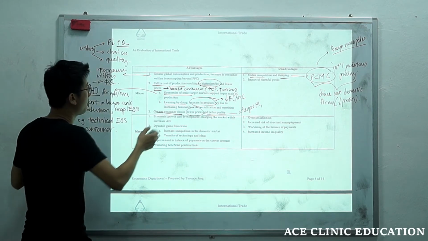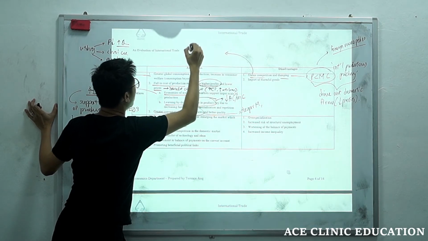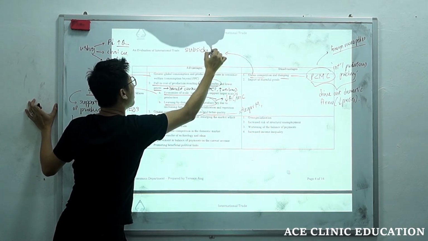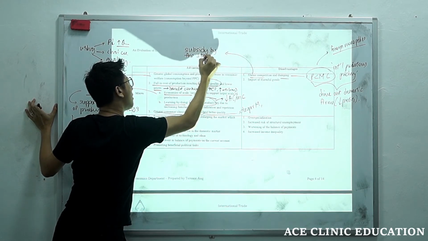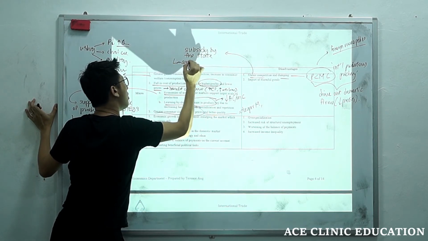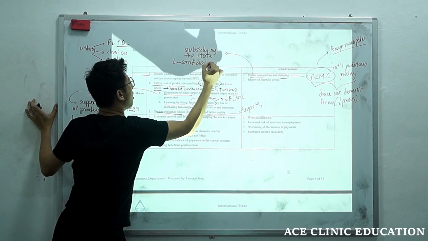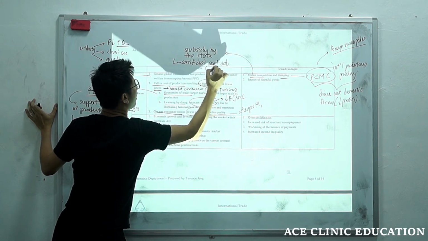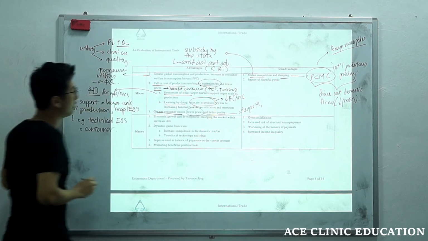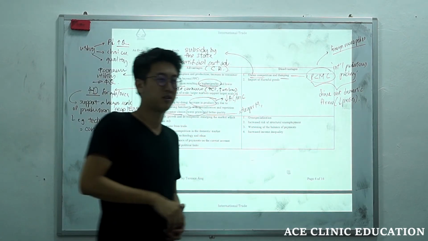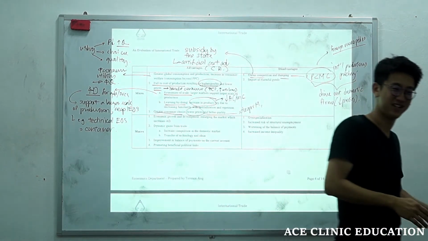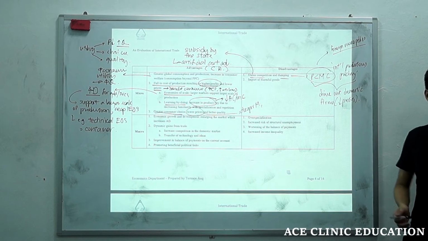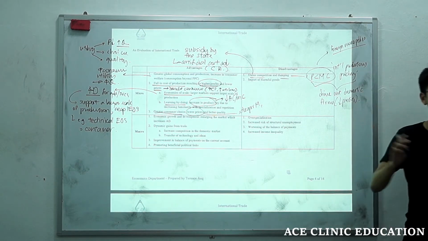For the concept of unfair competition, another aspect of unfair competition is subsidy. Again, China is the beauty of this. State subsidies, basically the government subsidizes firms, so they give an artificial cost advantage.